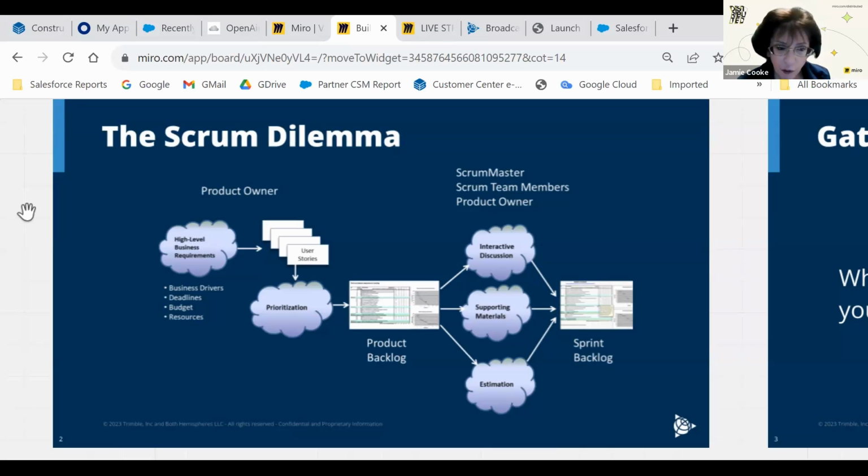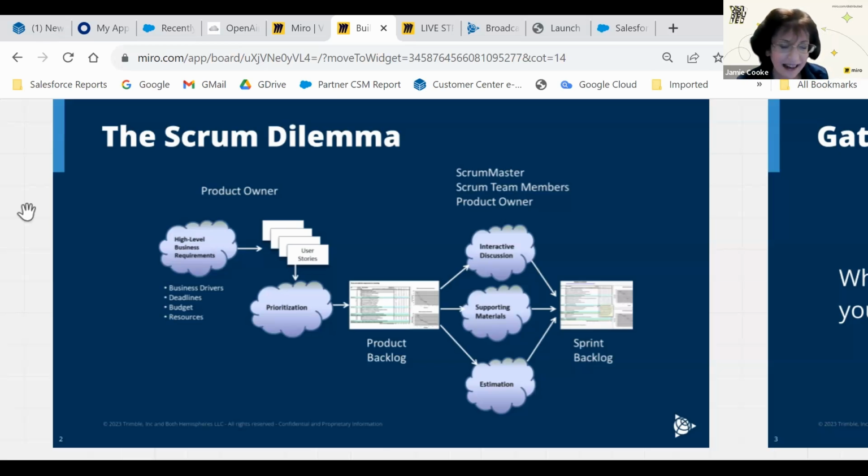They're responsible for prioritization of those requirements, and they're responsible for feeding the top-down product backlog. And that all falls within the product owner, whether it's one person or a couple of people. That's their responsibility.